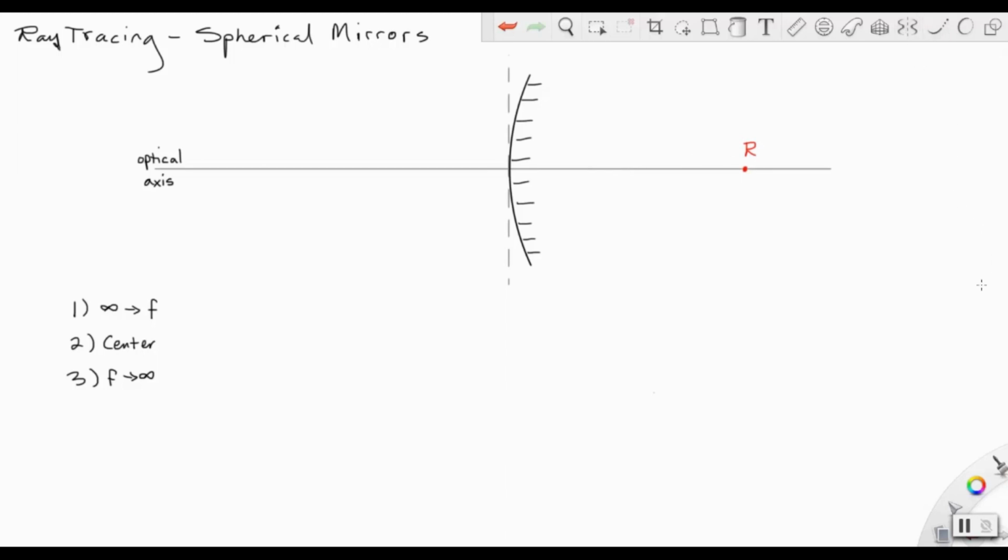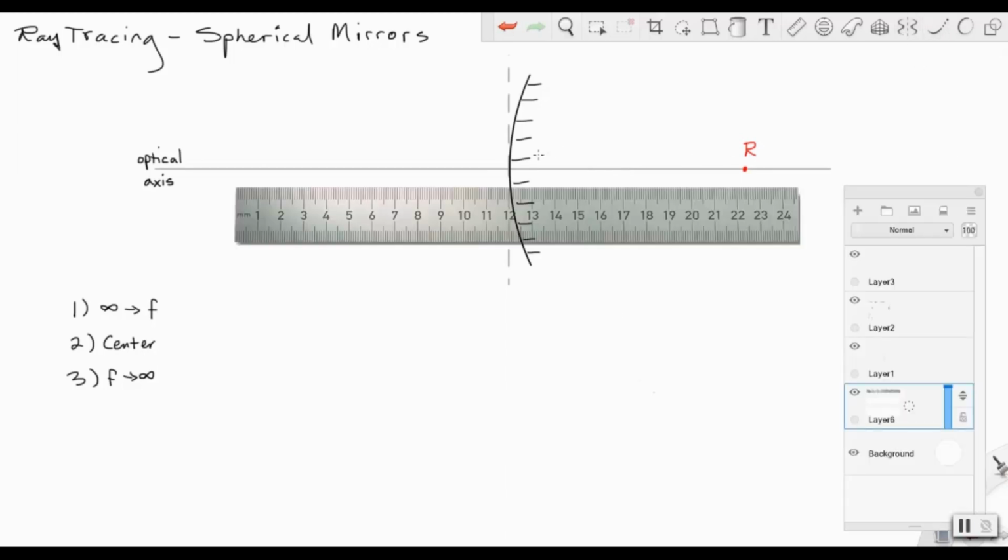And let's look at a ruler to find it. So on this ruler, again, I've set the 12 centimeter mark on the optical plane, and we can see that the radius of curvature in this case is about 22.4. So the distance there is 10.4 centimeters, so we'll put ourselves at 5.2 centimeters, which would be right here.